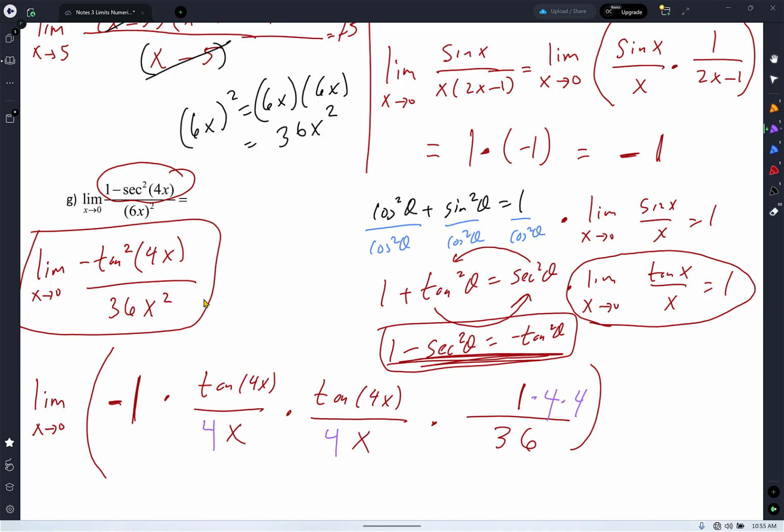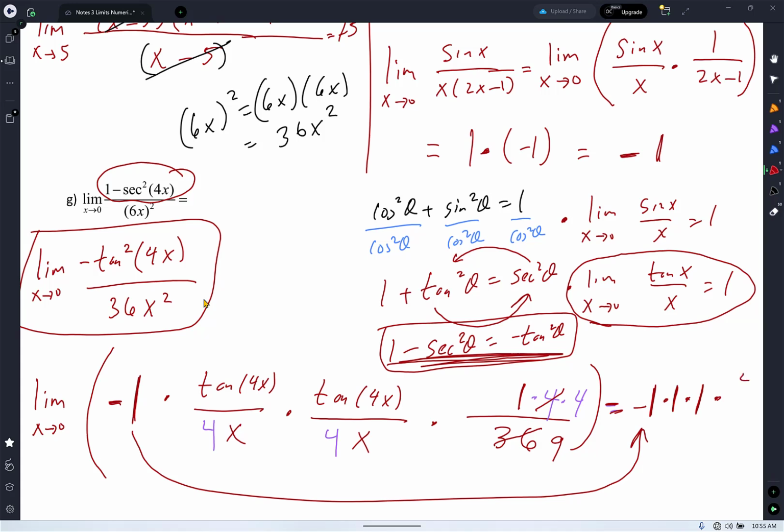Let's evaluate. So now, here's what I have. Equals negative 1. That negative 1 is this negative 1. Times, what was tan 4x over 4x? 1. Times, what was tan 4x over 4x again? 1. Times, now I could reduce this. How many times does 4 go into 36? 9.